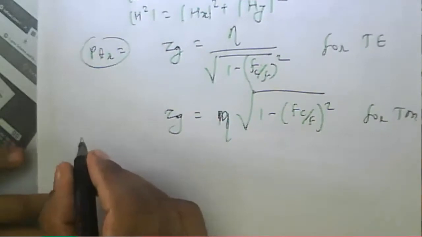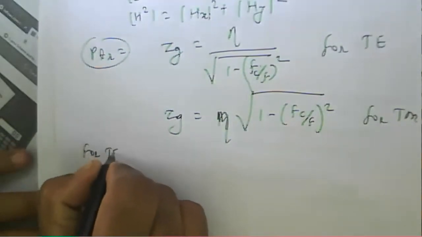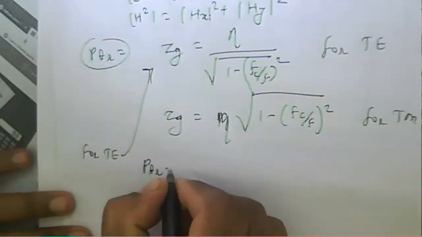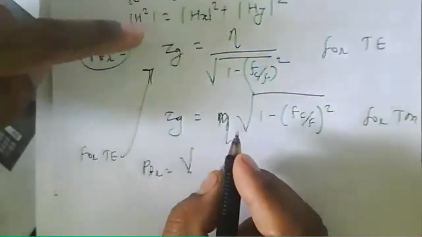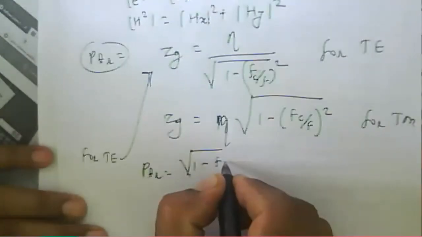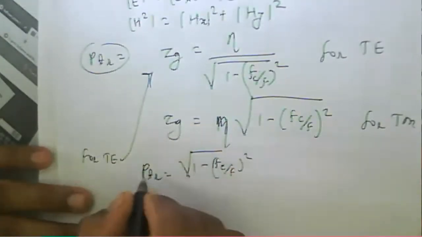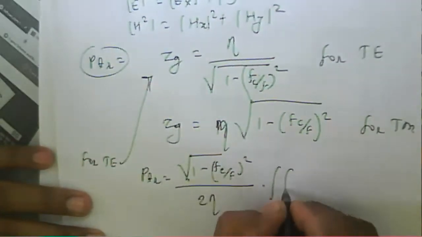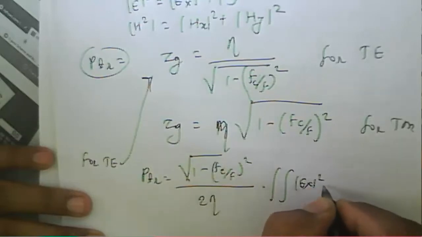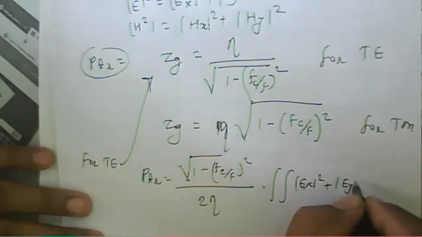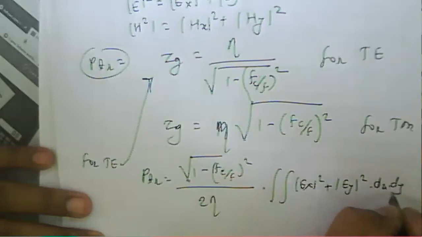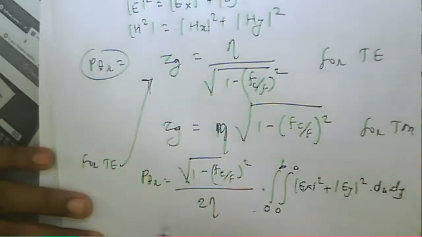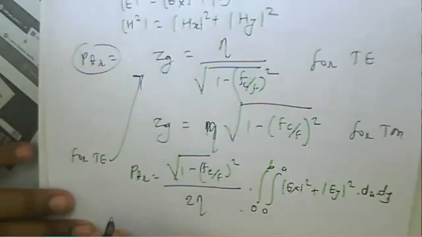So for TE, we need to write Zg. So power transmitted is equal to the square root of 1 minus Fc by F whole square divided by twice eta into the integral of the Ex component square plus Ey component square, dx dy, from 0 to B and from 0 to A. So that's your expression.